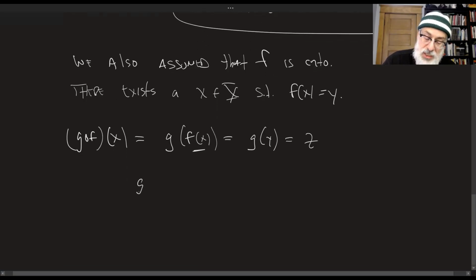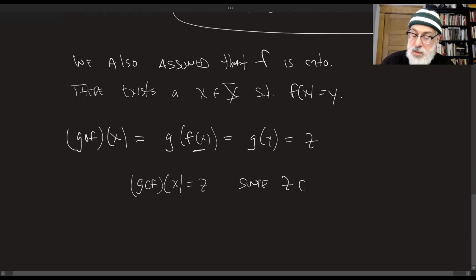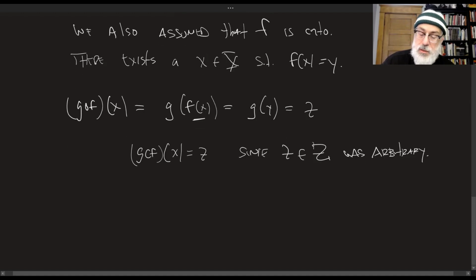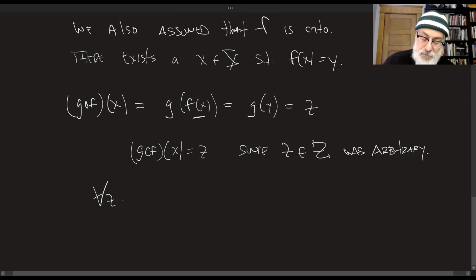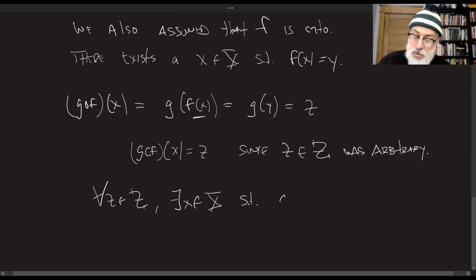So that means that g of f of x is equal to z. And since z in big set Z was arbitrary, we can conclude that for all z in Z, there exists an x in X such that g of f of x is equal to z.